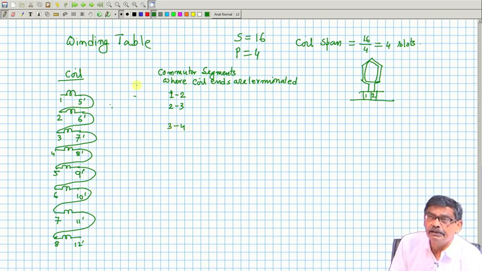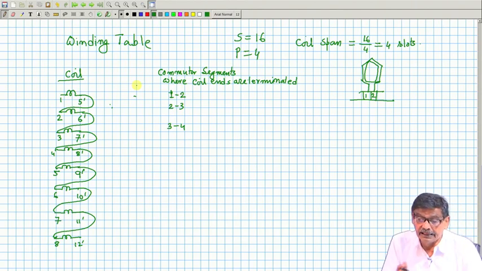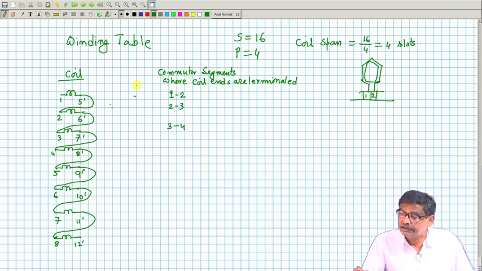This way I will complete my winding tables up to 16. Next time I will bring the complete diagram in a PDF form, so that I do not have to spend much time.